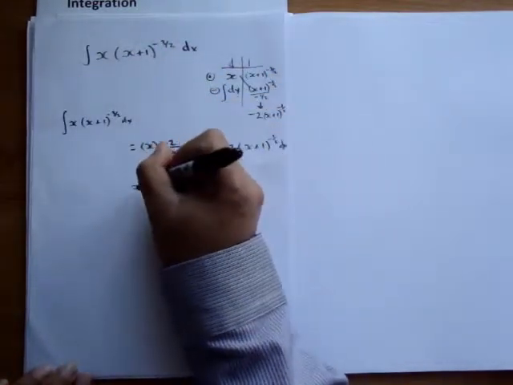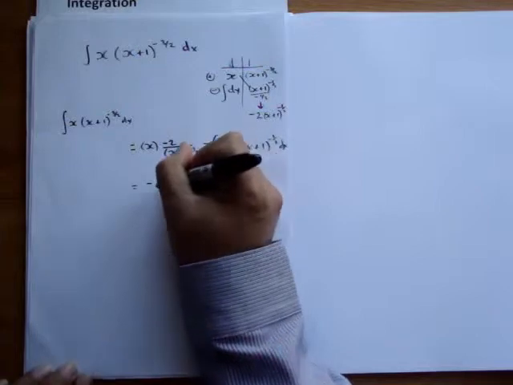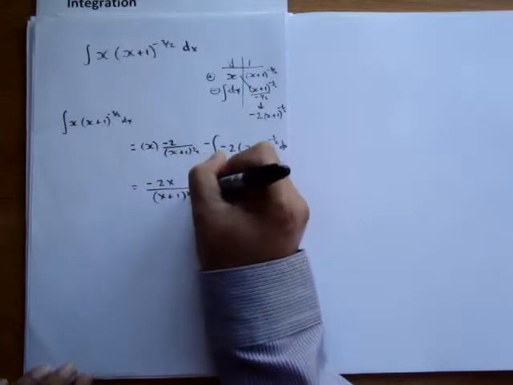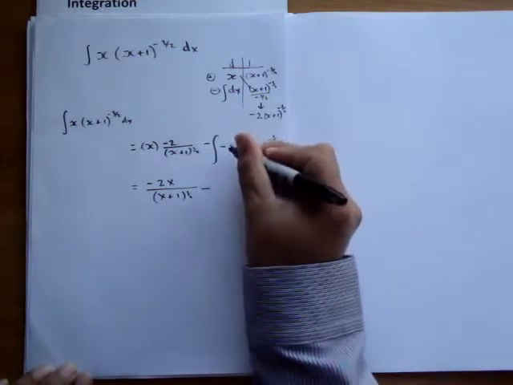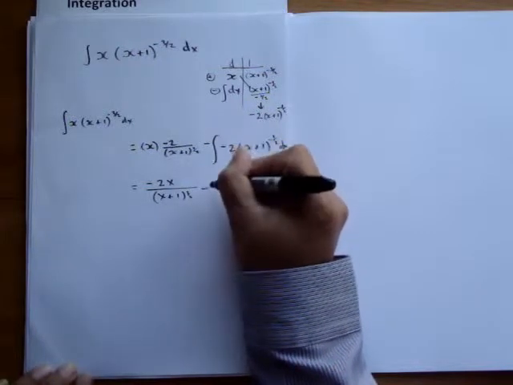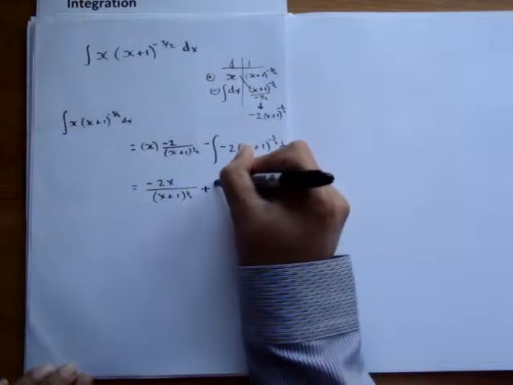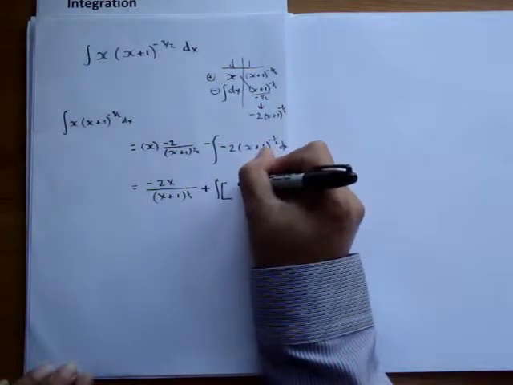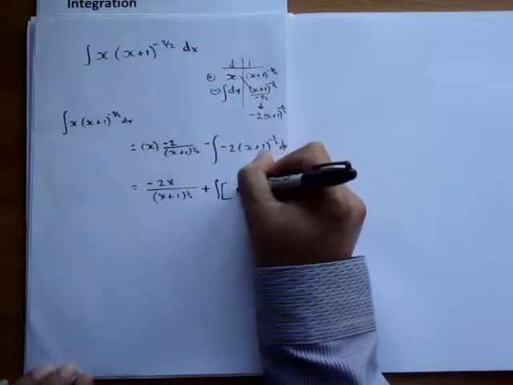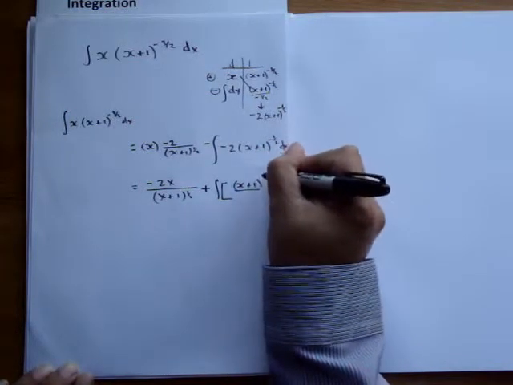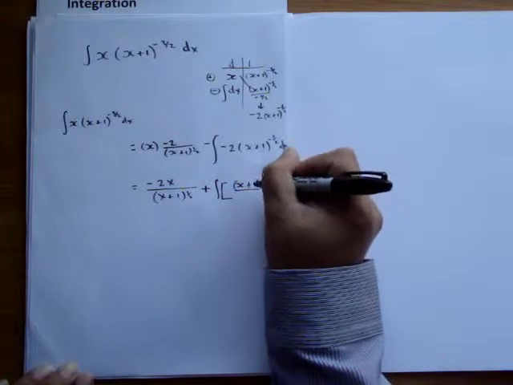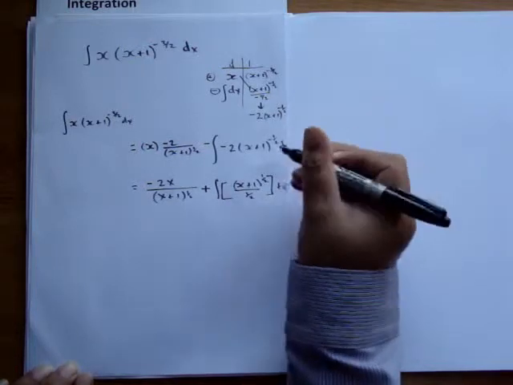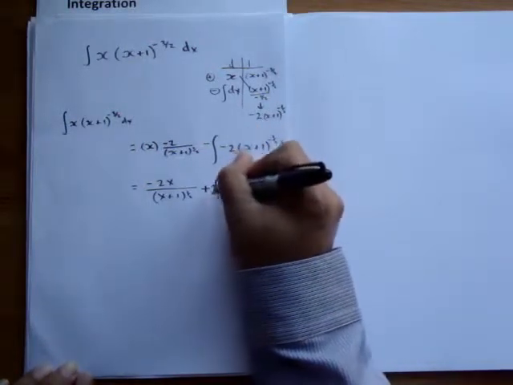So this then becomes minus 2x over (x plus 1) to the half, minus a minus, minus a minus is a plus, the integral of (x plus 1) to the half over half, plus c, and we take the 2 to the outside.